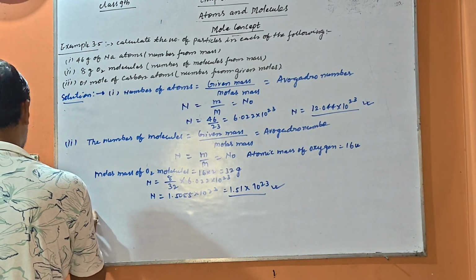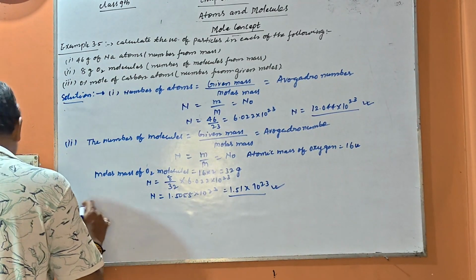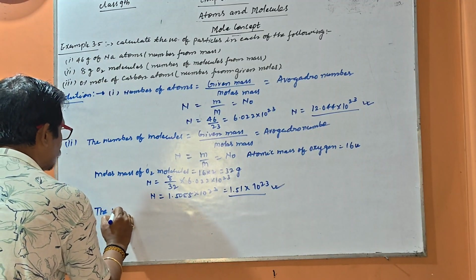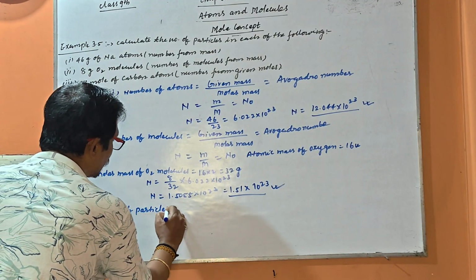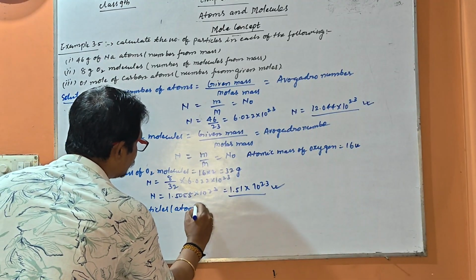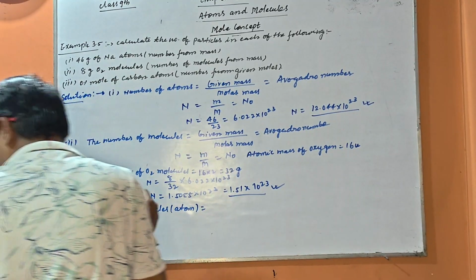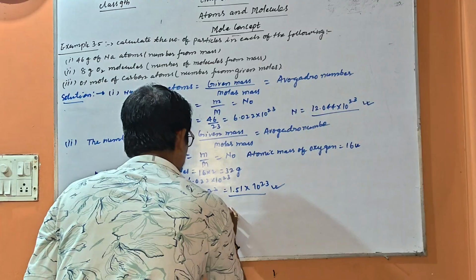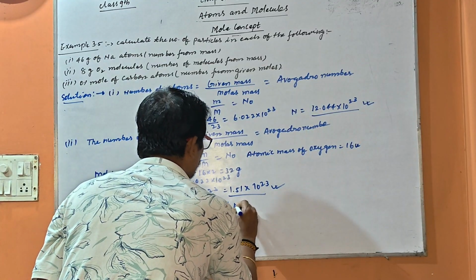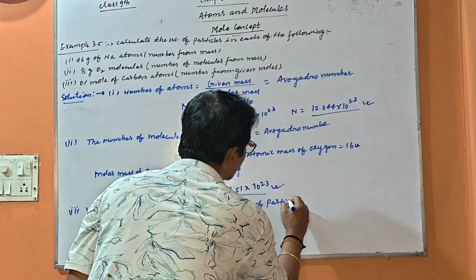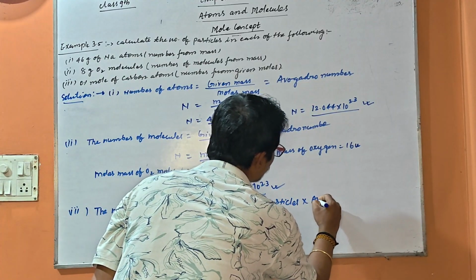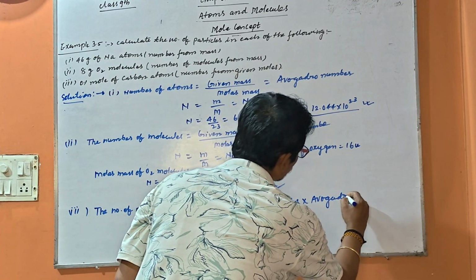And the third, the last question: the number of particles, that is atoms, is equal to the number of moles of particles into Avogadro number. That is the formula.